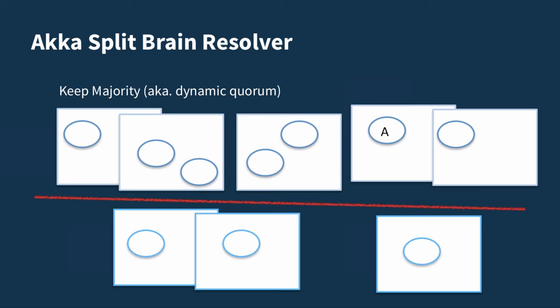But again, this comes with some cost, because if you're saying, all right, well, I have a majority, what if you have 9 nodes in your cluster and they split off 33%, 33%, and 33%? That's not going to be a majority, and they're all going to go down. So this is a useful tool to have in your toolbox, but it isn't necessarily the choice you want to make.